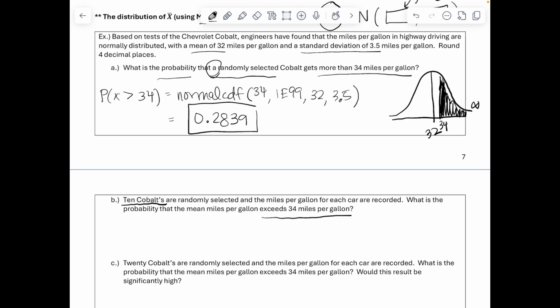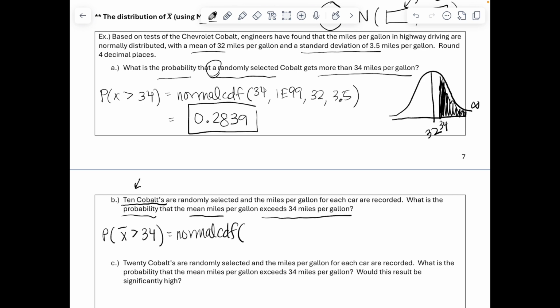We're still asking about exceeding 34 miles per gallon, and we're still asking about the probability. But this time we have mean miles per gallon, so instead of x, we have x bar, and this is going to be greater than 34. We're still going to calculate this using normal CDF.